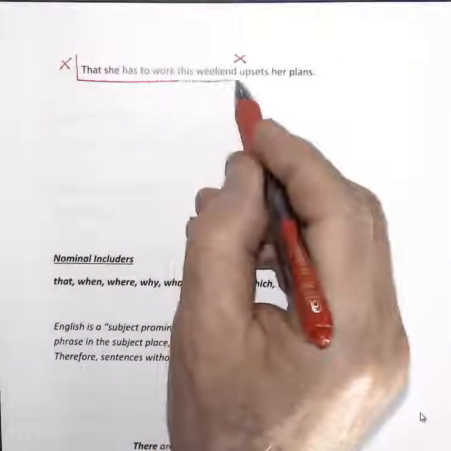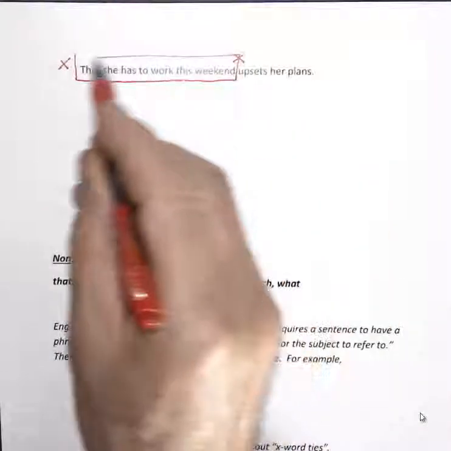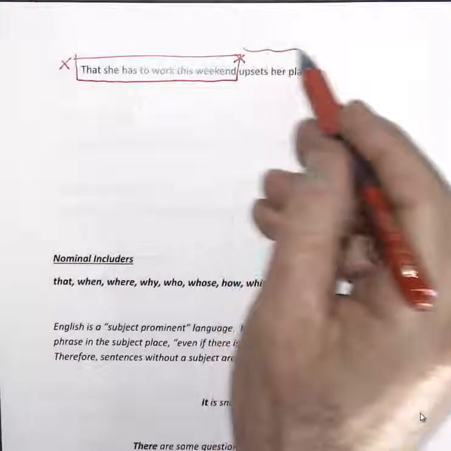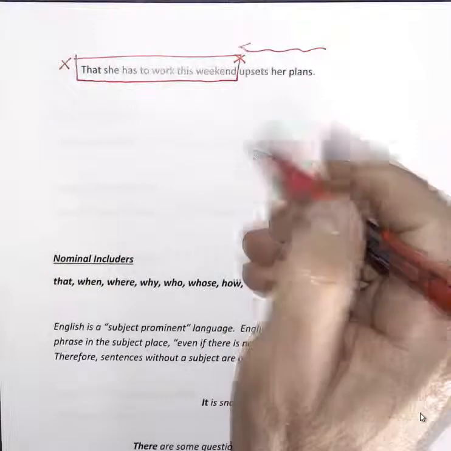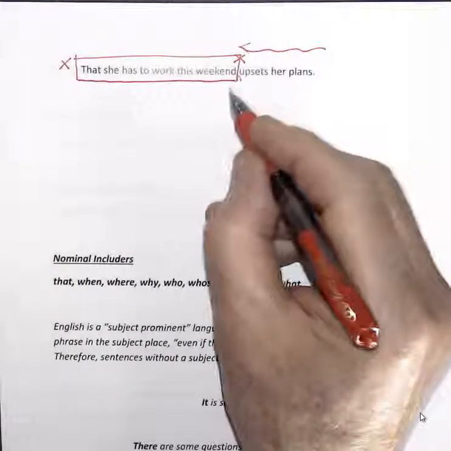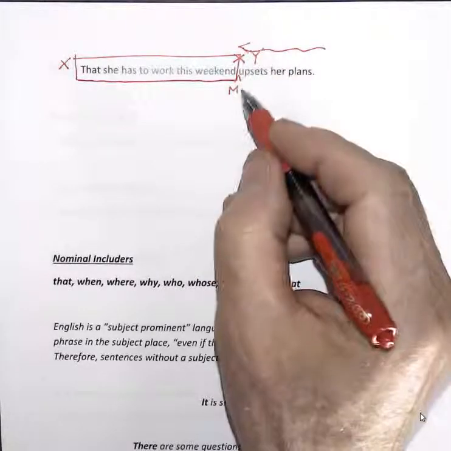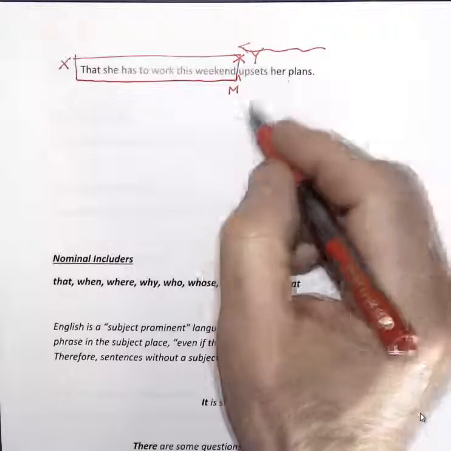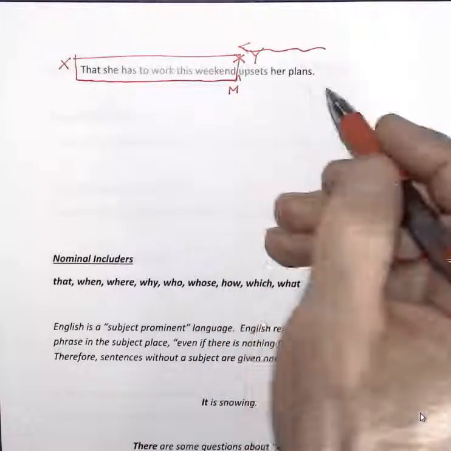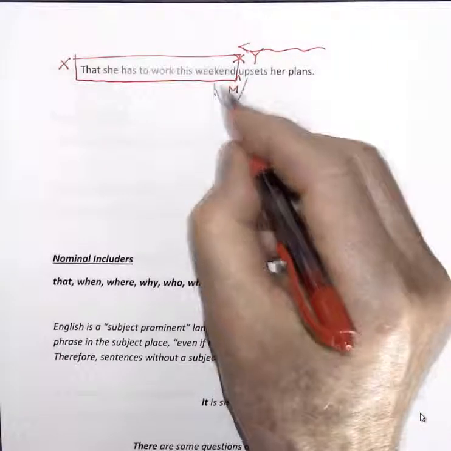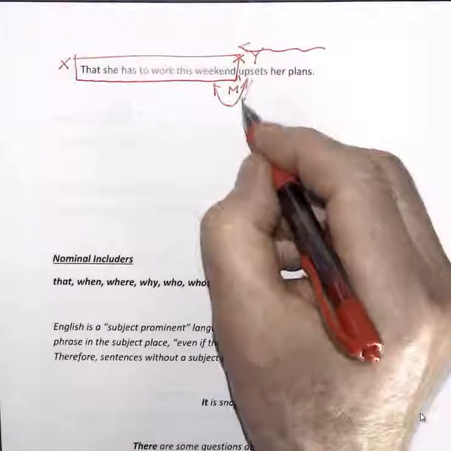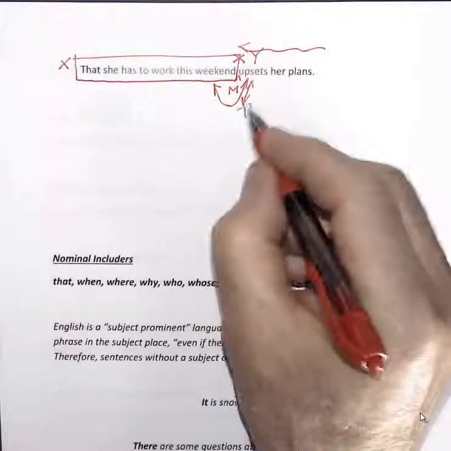That she has to work this weekend is the subject, predicate, M place. I'm back to doing X, M, and Y first, simply because there's more room for me to work before I start to show the ties. Upsets ties with the subject. Upsets ties with the present.